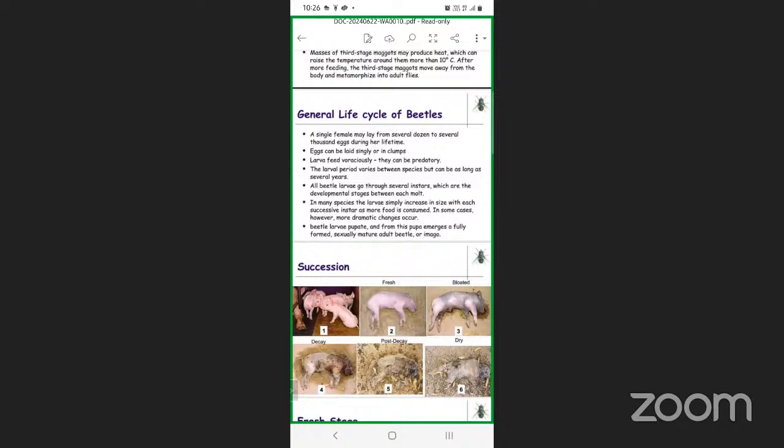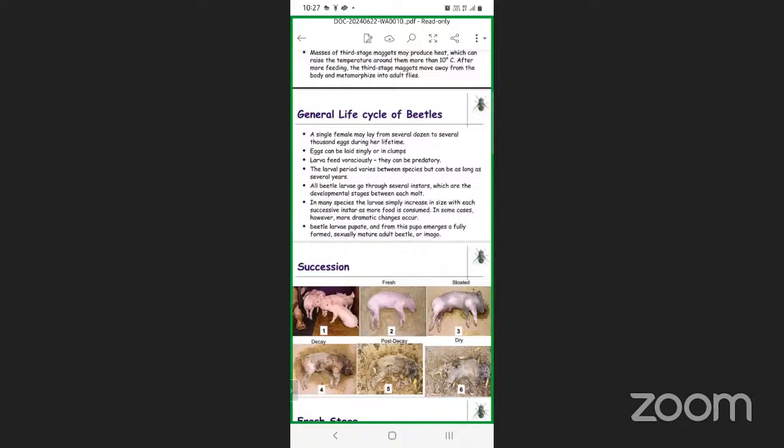The larvae can be predatory, and this larval period can last for several months to years.